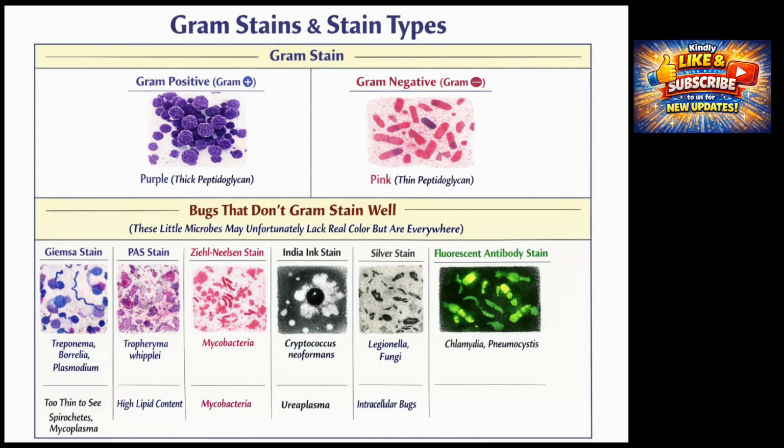From a boards perspective, staining is more than just a visual tool. It guides antibiotic selection and predicts immune evasion strategies. Gram-positive organisms with exposed peptidoglycan are typically accessible to beta-lactams and vancomycin, whereas gram-negative organisms, protected by an outer membrane and periplasmic beta-lactamases, often require drugs capable of crossing porins or resisting enzymatic degradation.